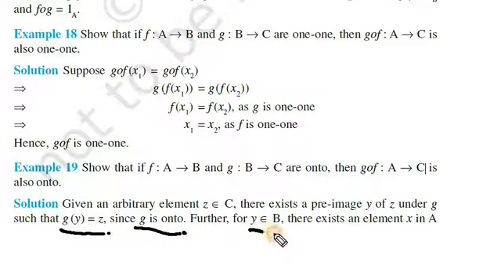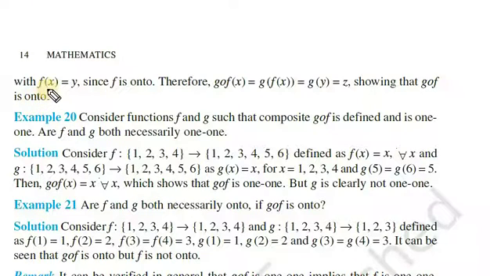Now further, y is in B. So y is an element in B, so there exists an x in A such that f of x is equal to y, since f is onto.